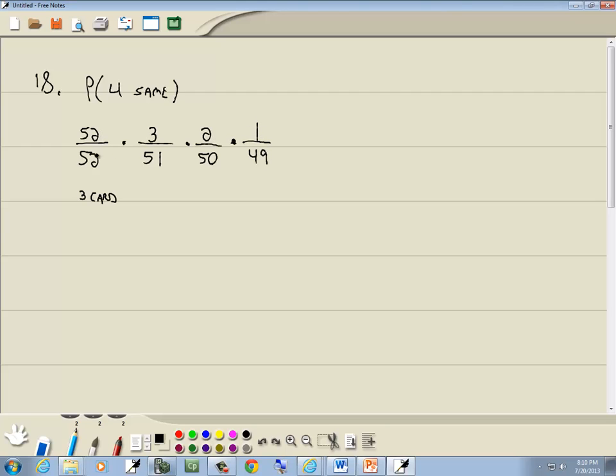So again, the first one's kind of a seed. It kind of determines which one you're talking about. And I picked an example of like a 3 card. And once we pick a 3 card, let's say it's hearts. Then there's only 51 cards left, and of those 51, 3 of them are 3 cards. Then I pull another one, another 3 card. Then there's only 50 cards left, and 2 of them are 3 cards, and so forth.